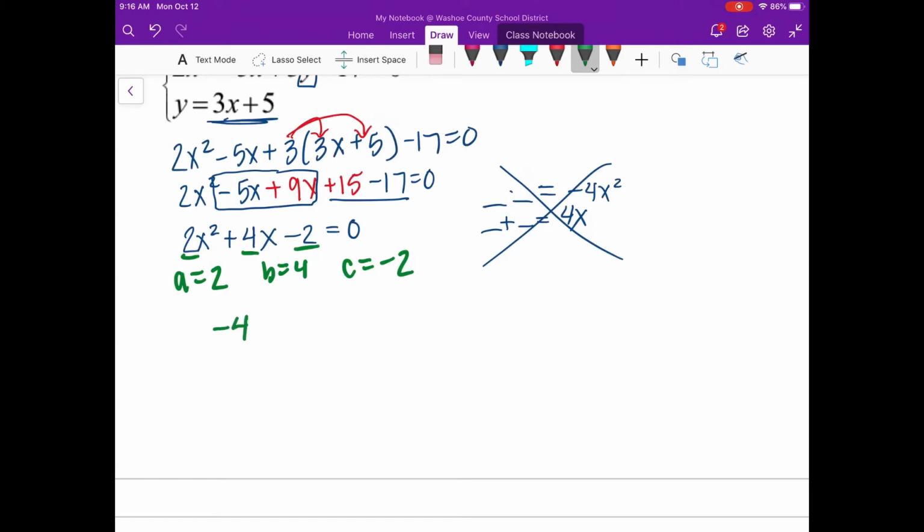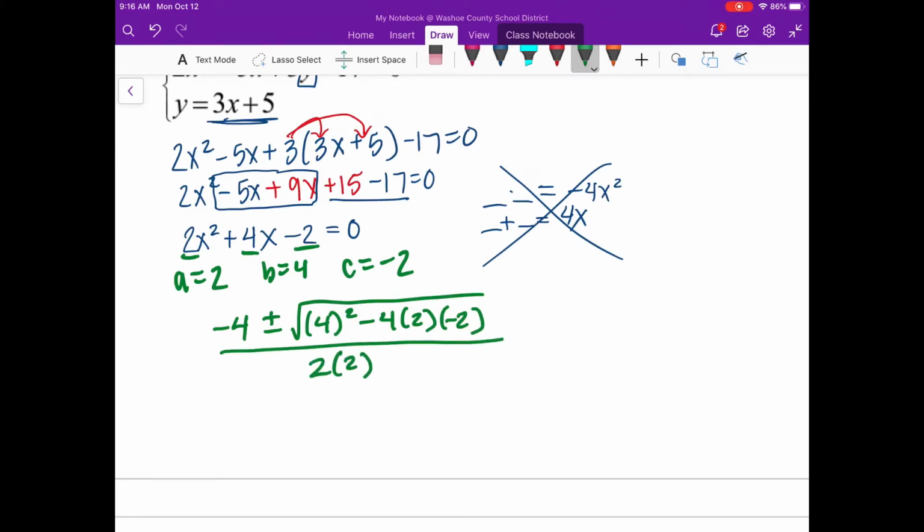So my quadratic formula is negative b plus or minus square root of b squared minus 4ac all over 2a. And you want to use your calculator to simplify these just to make sure that you don't get any mistakes. You don't want to mess up here.